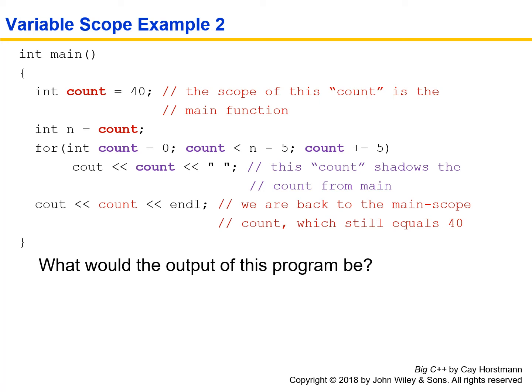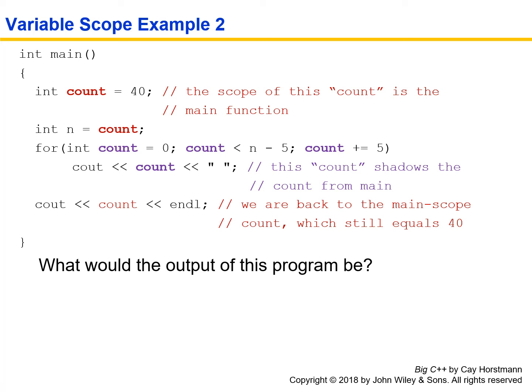Here's an example of scope with an inner and outer scope. The red count is the outer scope. It exists through the entire main function, but as soon as we enter the for loop and we define a new count variable, the purple count shadows the red count, so we can only see the purple count in here.